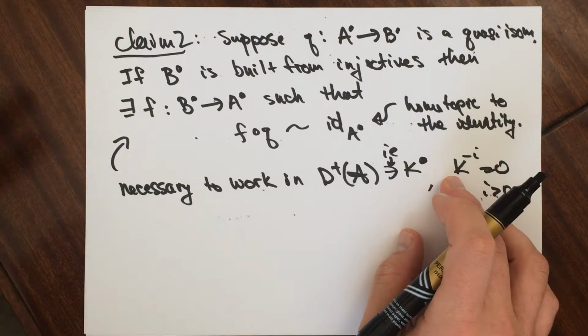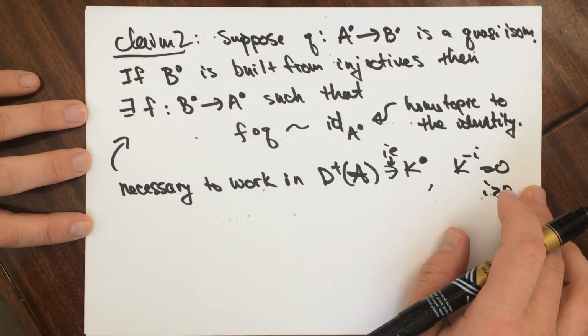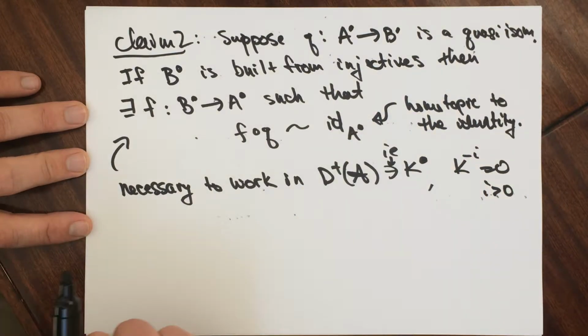The negative cochains are going to be 0, so things in negative degree are going to be 0. This is something that you can do. Maybe I'll put a reference in the comments or in the description.